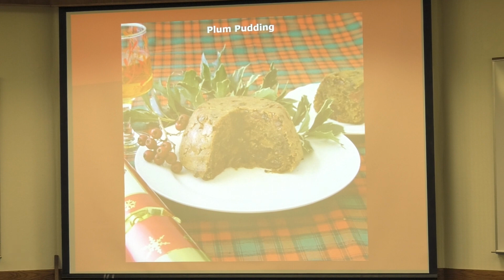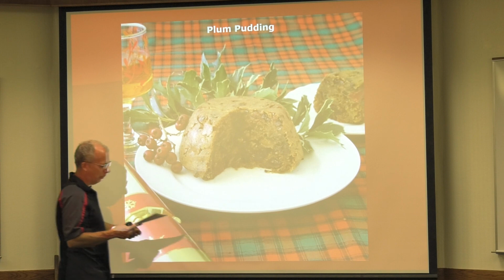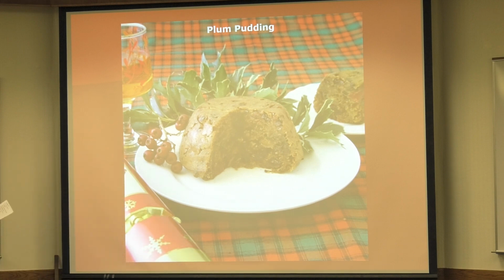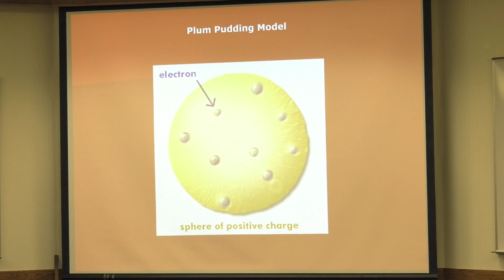That's plum pudding. It's kind of like fruitcake, you know? That's what I think of it as anyway. So they knew about electrons at the time, but that's it, right? They knew about electrons, and they knew that the atom was neutral most of the time.